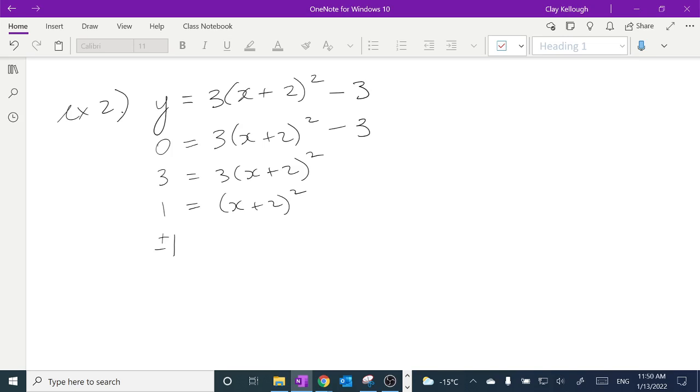What number times itself is 1? It could be 1 or -1. So my answer is -2 plus or minus 1. So my 2 x-intercepts, -2 minus 1, which is -3, and -2 plus 1, which is -1.